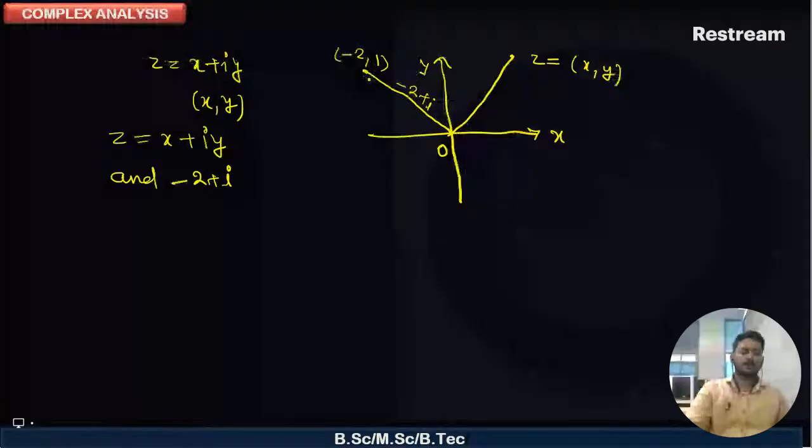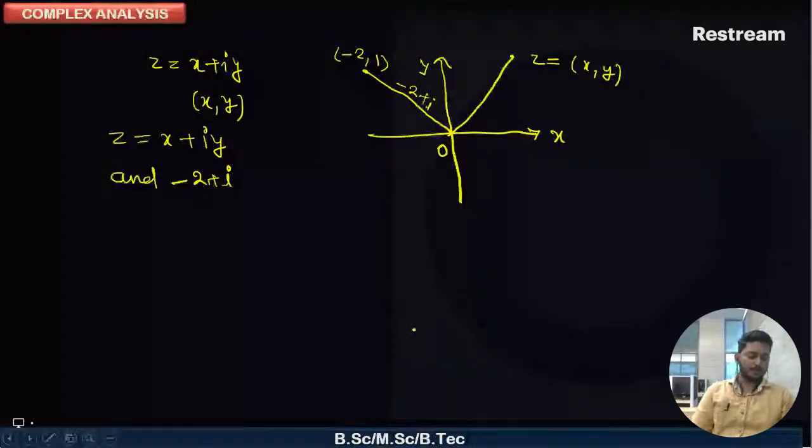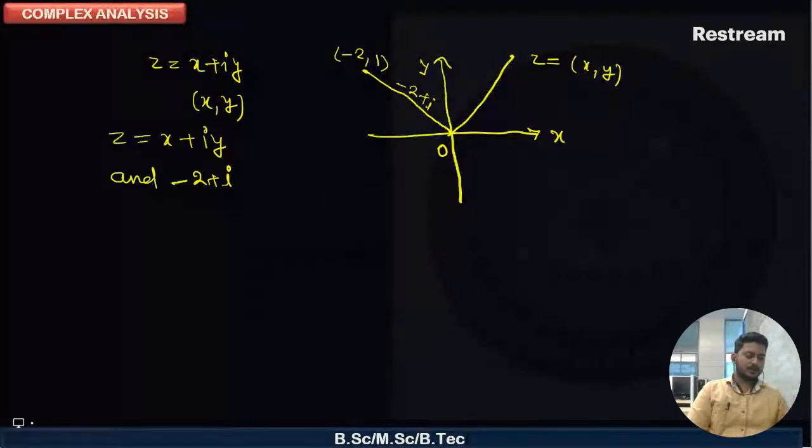So let's assume some corresponding points, taking x1 plus x2 and y1 plus y2. These are the vector coordinates for its components. Hence z1 and z2 may be taken, and I will show you vertically.